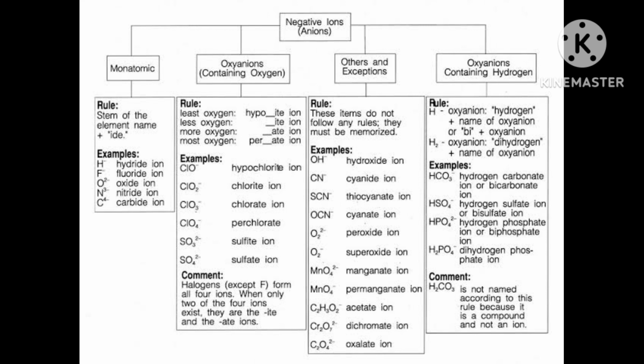That is ethane-1,2-diamine. Ethane-1,2-diamine is attached with cobalt, the central metal ion. This is the complex ion, cobalt with ethane-1,2-diamine attached. There are 3 molecules: ethane-1,2-diamine, again ethane-1,2-diamine, again ethane-1,2-diamine. Then 3 molecules are attached with cobalt.